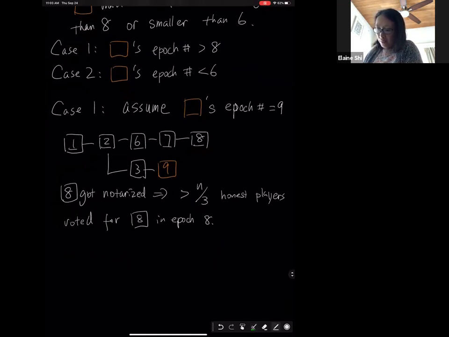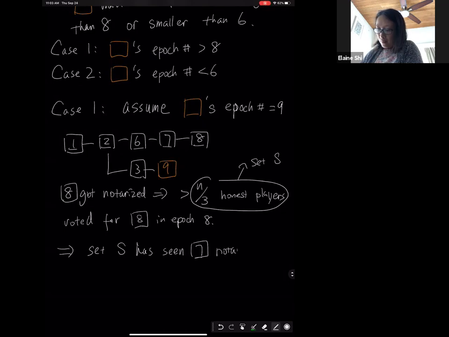So let's call this the set S of honest players. Now I'm going to claim the set S has seen 7 notarized in epoch 8. And why is this the case?